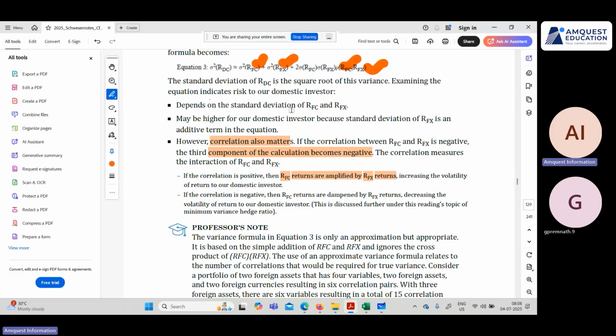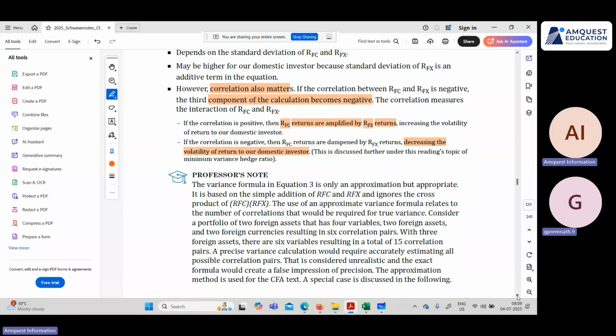So if the correlation is positive, the sigma is higher, and if the correlation is negative, the sigma is lower, which means the volatility of the return is lower. Is that okay? No confusion?